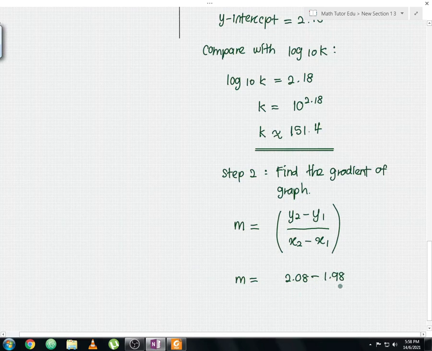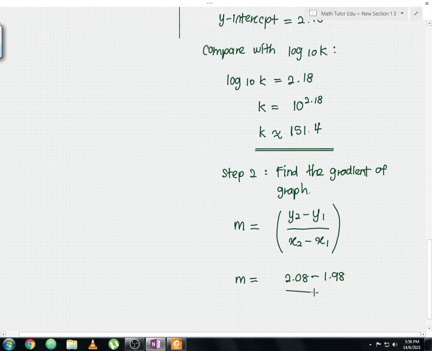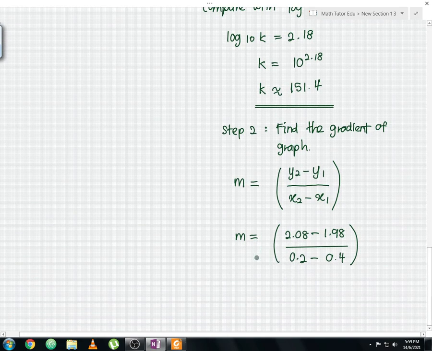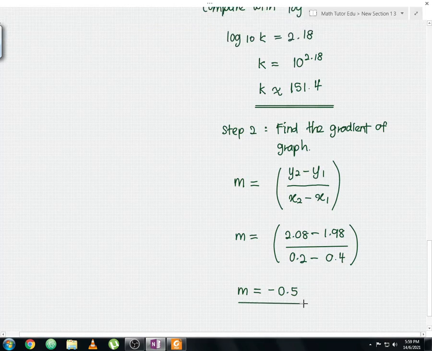Let me underline the fraction. And then divide with 0.2 minus 0.4, close bracket. You calculate this, you should get the gradient of the straight line is equals to negative 0.5. So this is the value that we have obtained directly from the graph.